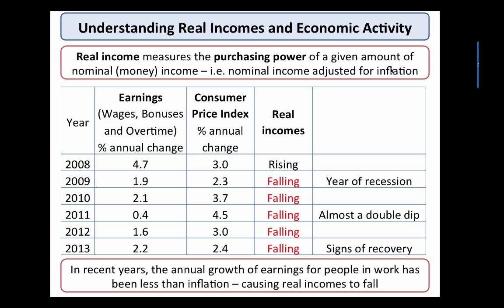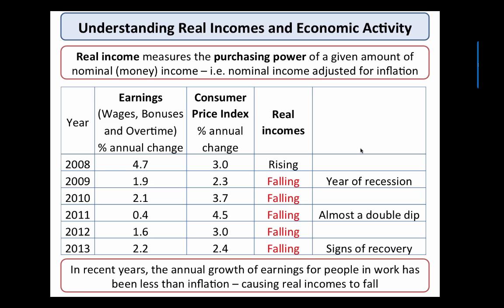Now look down that column. So in 2008, wages rising by 4%, nearly 5%. And if you look across to the next column, wages were rising faster than the consumer price index. So real incomes were rising by about 1.7%. But then in each of the last 5 years up to 2013, each of those years, earnings were rising less quickly than prices.